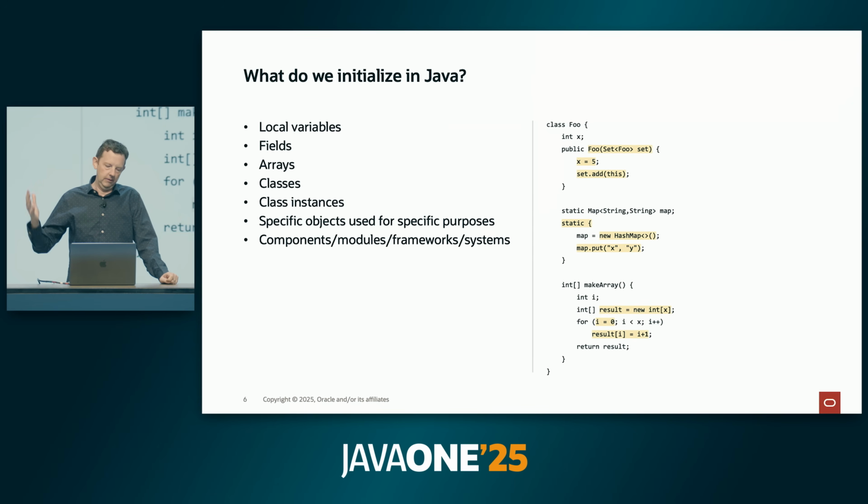And then at even higher level, components, modules, frameworks, whole systems can be initialized, and that involves initializing lots of subcomponents like classes and instances. Where I want to focus is on variables, and as we'll see, the variables touch class and instance initialization.